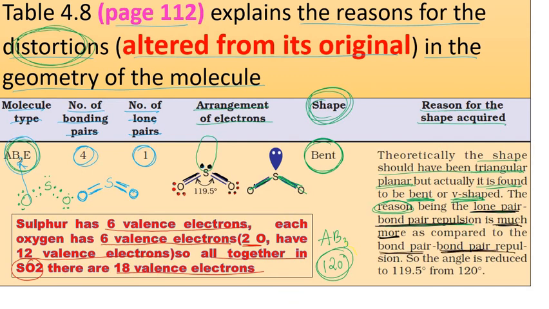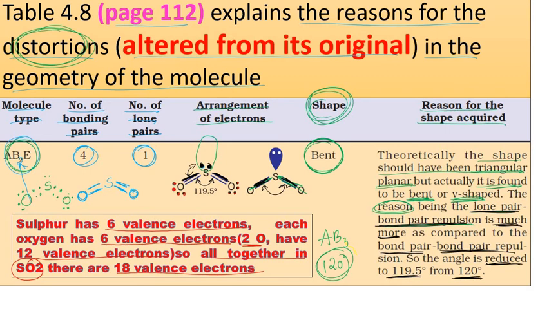So this is the bond pair and this is the bond pair. This repulsion, when you consider, is less when you compare with that of the lone pair and the bond pair. So here the repulsion is more. So the angle is reduced to 109.5 degrees from 120 degrees.